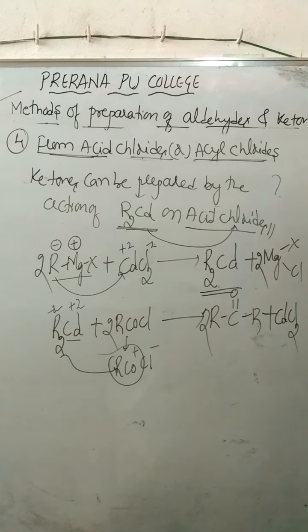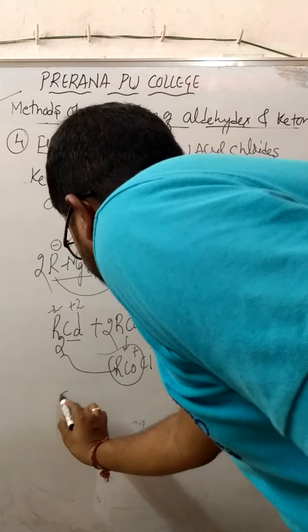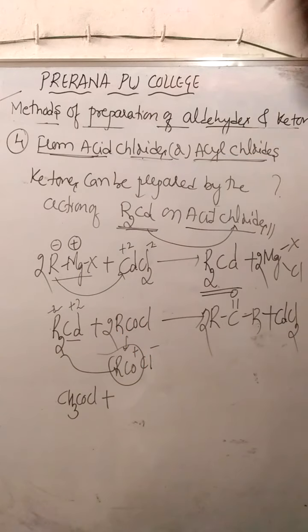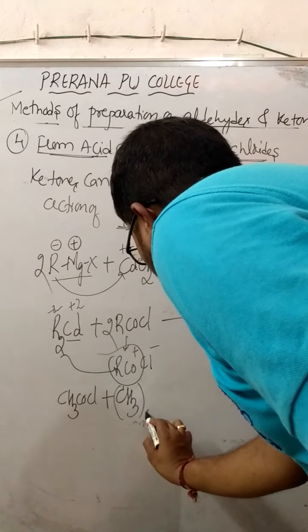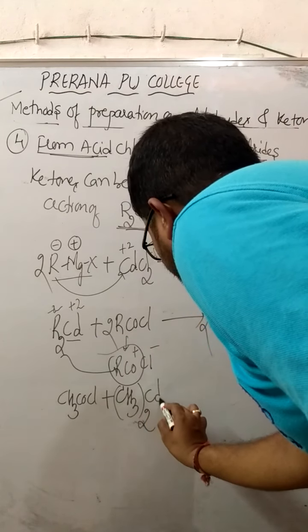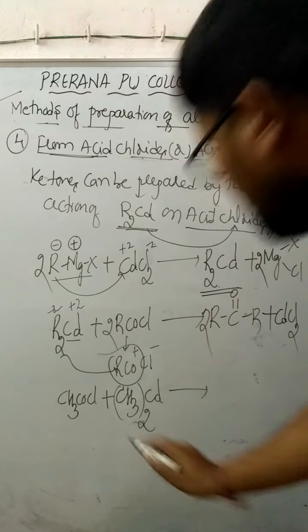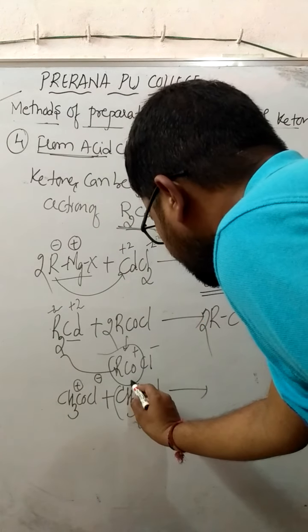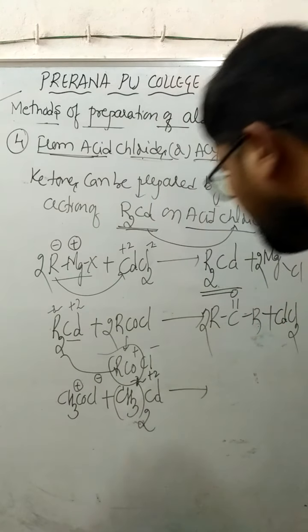When I write a particular reaction for this, it can be written as CH3COCl, that is acetyl chloride. When this acetyl chloride is made to react with dialkyl cadmium, I take it as CH3 twice Cd, which is nothing but dimethyl cadmium. This ionizes as CH3CO plus and Cl minus, and this ionizes as CH3 minus 2 as well as Cd plus 2.